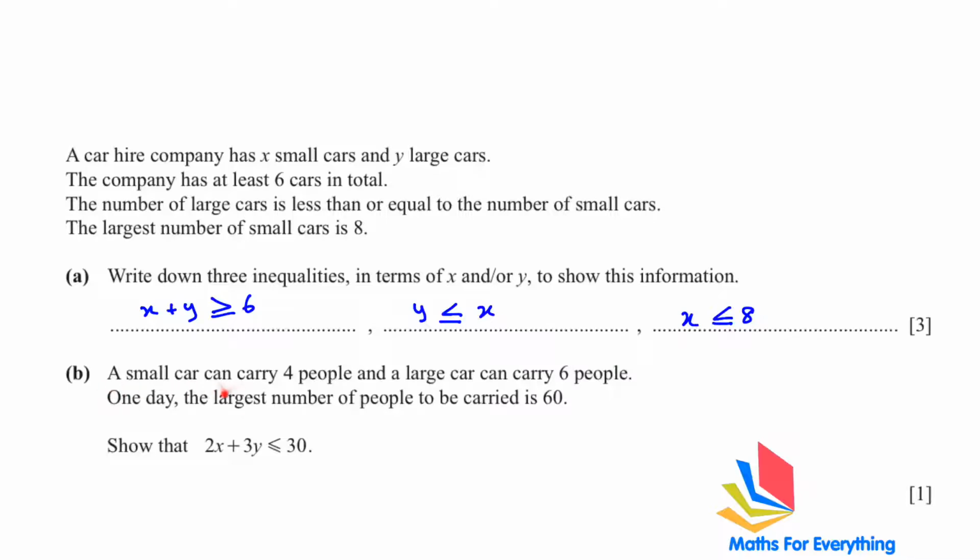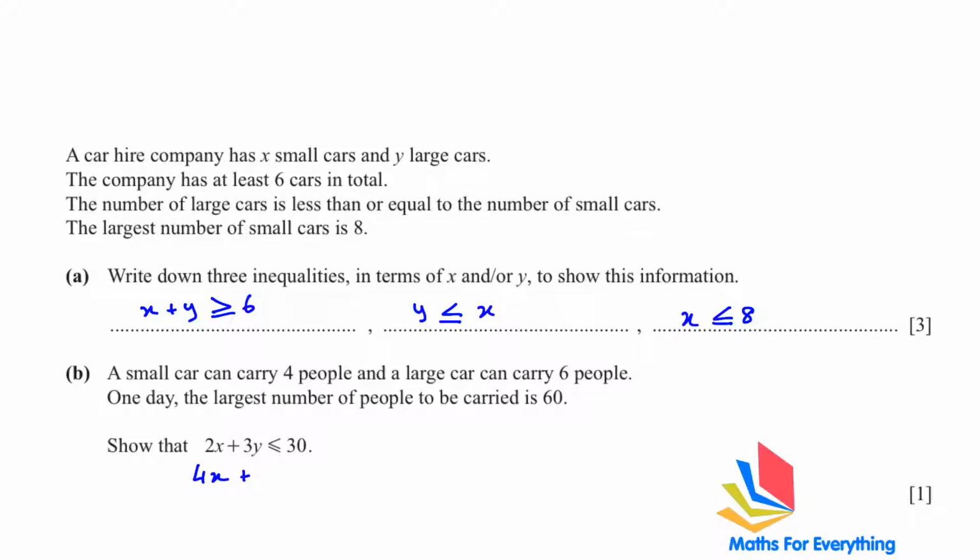Next, a small car can carry 4 passengers and a large car can carry 6 people. One day the largest number of people to be carried is 60. Show that 2x plus 3y is less than or equal to 30. So we have that small car, which is x, can carry 4 people.